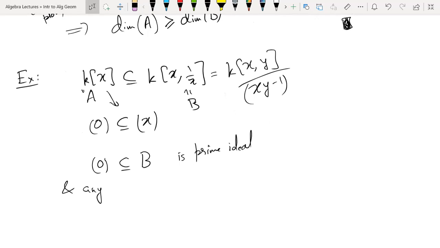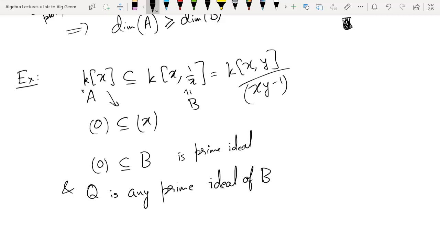And no prime ideal of B, if Q is any prime ideal of B, then Q intersection A is not equal to (x). Why is that?